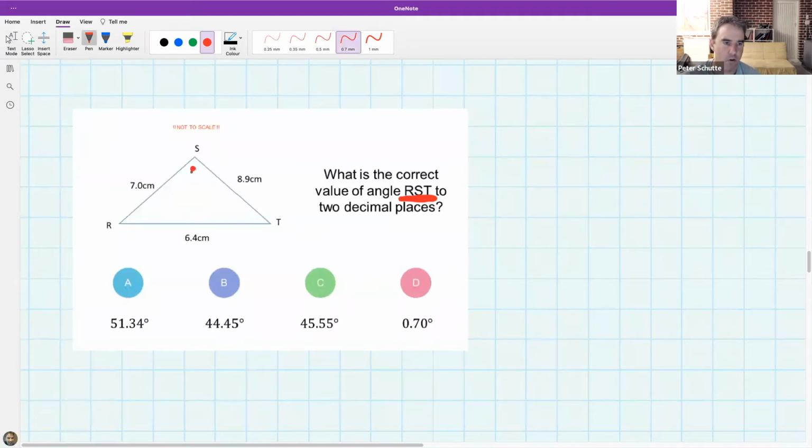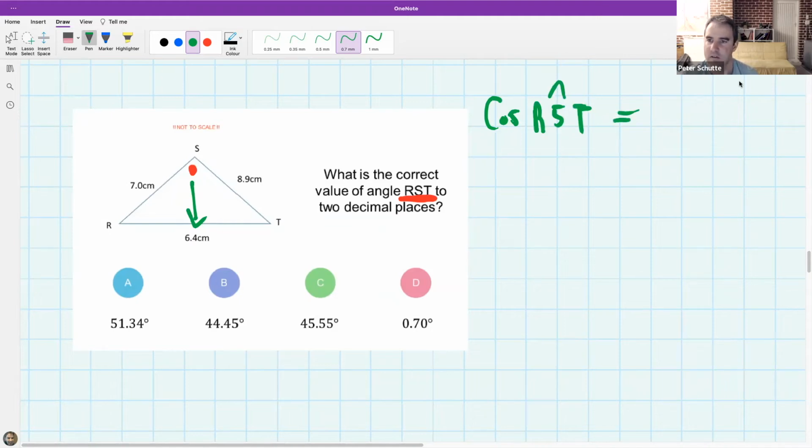So we first have to know what that is. And then we know that's kind of important. So I see lots of people are saying, so let me write this out. So I'm just going to say the cos of RST.